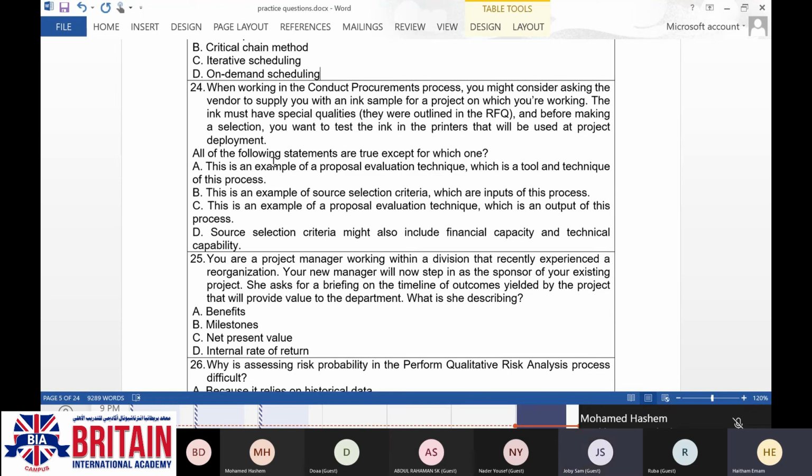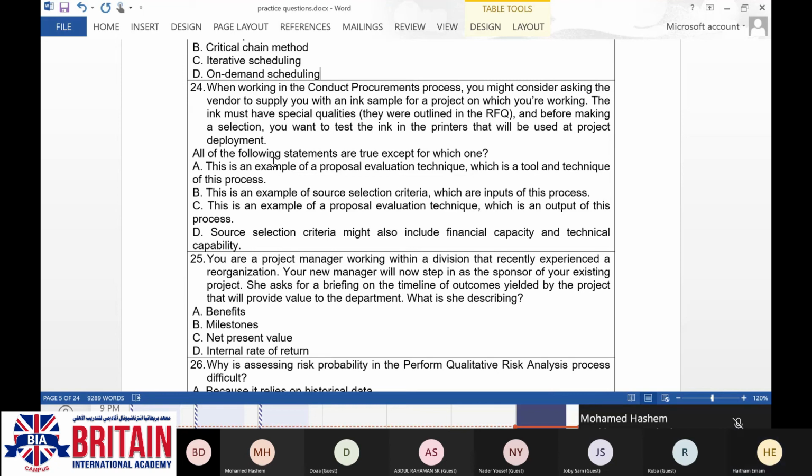Because of that, you are going to use it inside the conduct procurement. You are going to use it as a tool for evaluating the proposals which you are going to receive. It will not be an output of conduct procurement, but it will be an output of the plan procurement. So the wrong answer here will be C, because here we are in the conduct procurement.